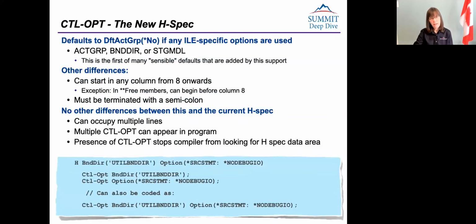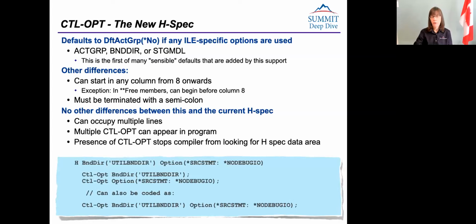So let's go through each of these in more detail, drilling down into more and more detail about each of these things. The HSpec is the thing that probably changed the least, because our HSpec in RPGLE was already fully keyword oriented.